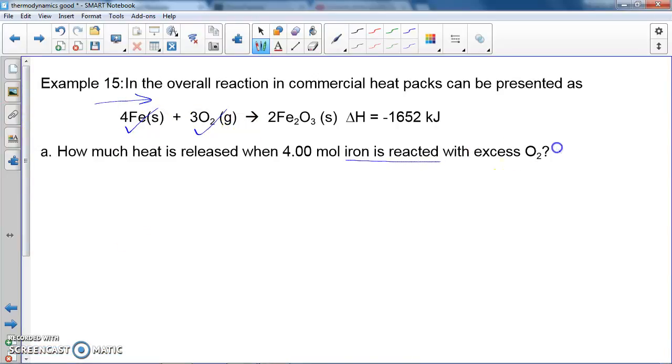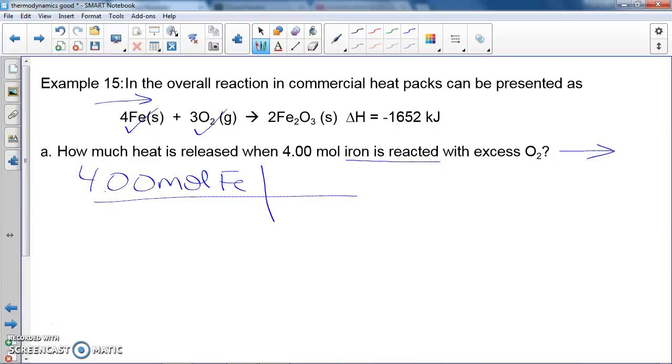So I would always write down your arrow of direction. You know that this particular question is asking about the forward reaction. So then I will take 4.00 moles of iron. I know from my balanced equation, because what we have done here with the delta H value in a balanced equation is set up ratios. We have these coefficients here, all can be set equal to the delta H. So 4 moles of iron to negative 1652, 3 moles to negative 1652, 2 moles to negative 1652.